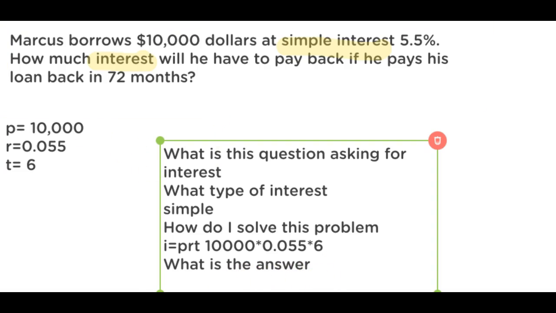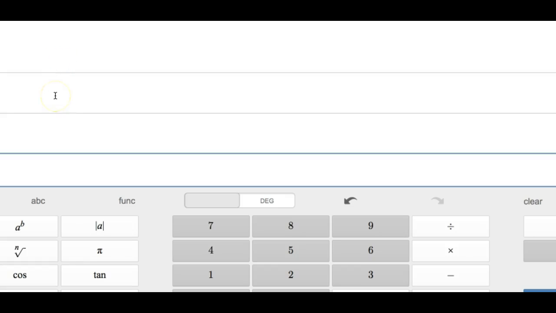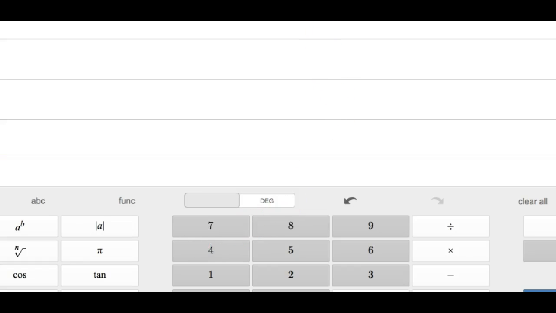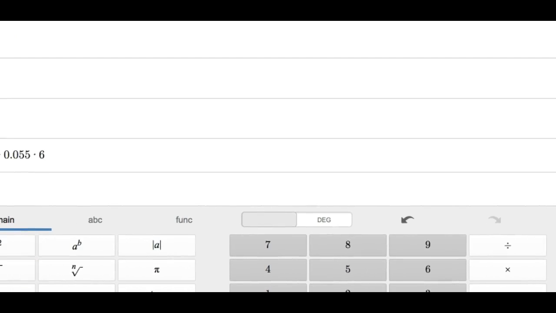You go to your calculator. That's 10,000 times 0.055 times 6. Your answer is 3,300.